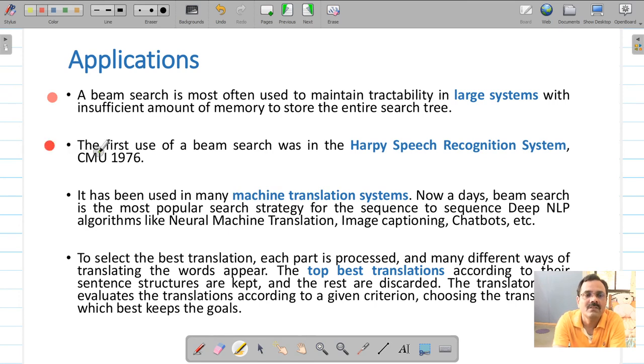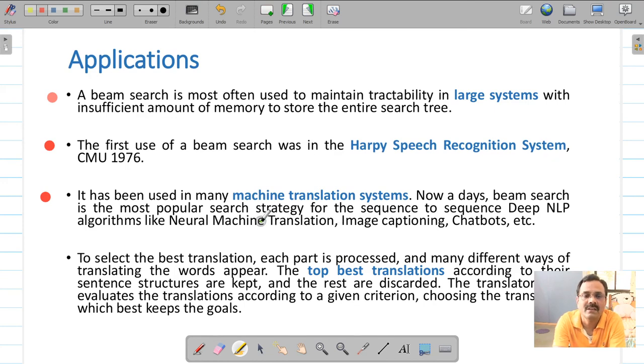This algorithm was first developed at Carnegie Mellon University, and it was used in a speech recognition system, and name of that system was the HARPY speech recognition system. Later on, this algorithm has been used in many machine translation systems, and nowadays it is used in neural machine translation, and we call that deep natural language processing. In addition to that, it is also used in image captioning as well as chatbots.